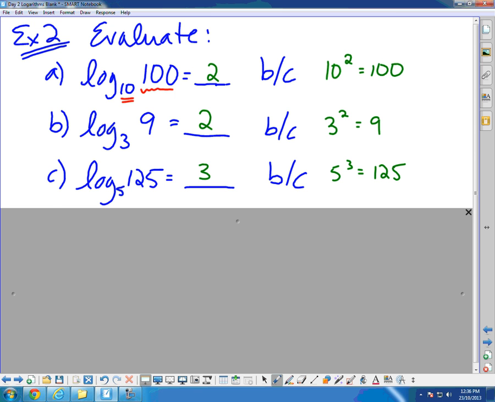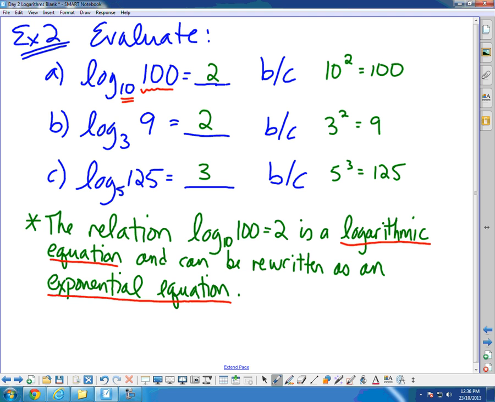Now, special note, the relation log 100 base 10 equals 2 is a logarithmic equation. And it can be written as an exponential equation. There's a big connection between logarithms and logarithmic functions and exponential functions.